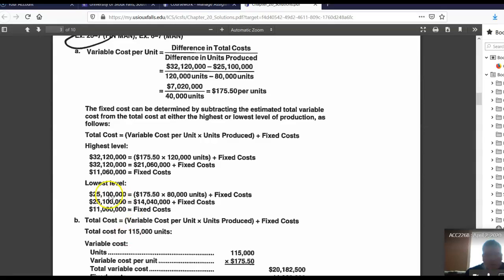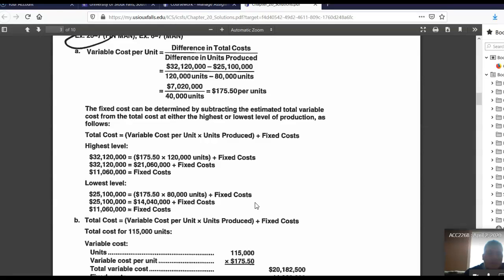Well, let's keep going and see if it works for the lowest level. Lowest level, again, was 25.1 million. Same unit cost. At this level, it was 80,000 units plus fixed costs. Again, we get our same fixed costs. So now we know the variable cost per unit, we know the total fixed costs, and we can always calculate the total.